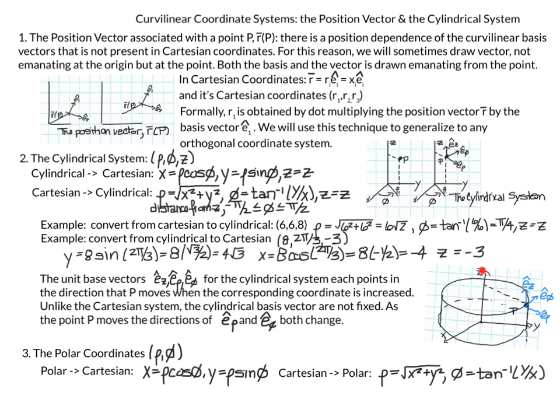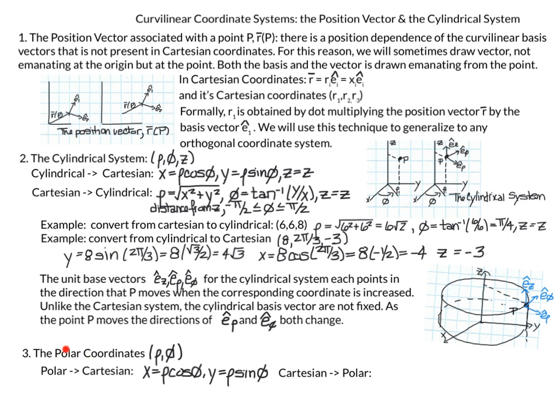E z always points in the positive z direction, so that one stays constant. But the fact that the basis vectors change depending on where you are in the space is what's different from Cartesian coordinates.